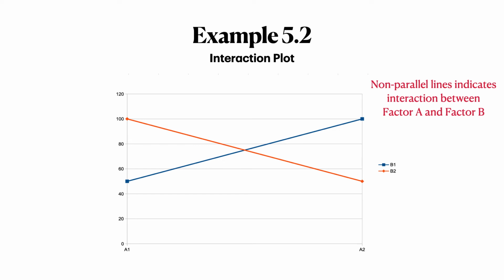Now, let me also just say here that we're not dealing with data that's subject to error. These are idealized examples, where we're actually given the true values of the treatment combination means.